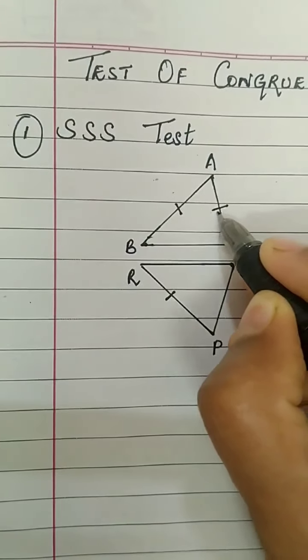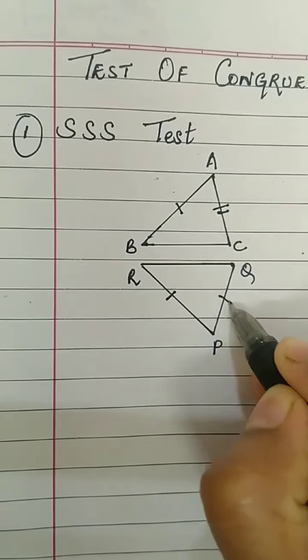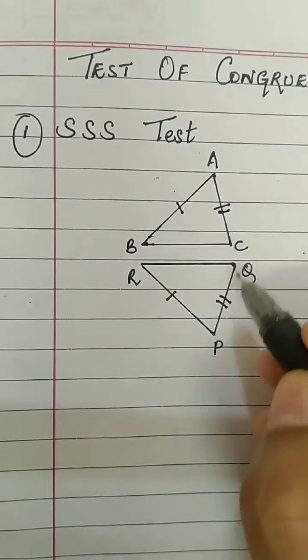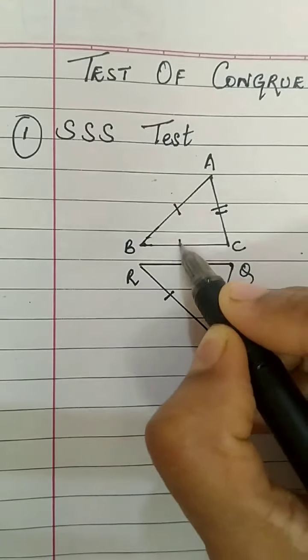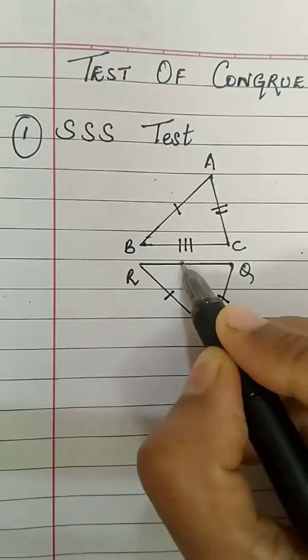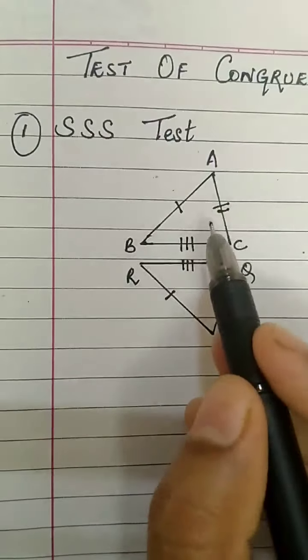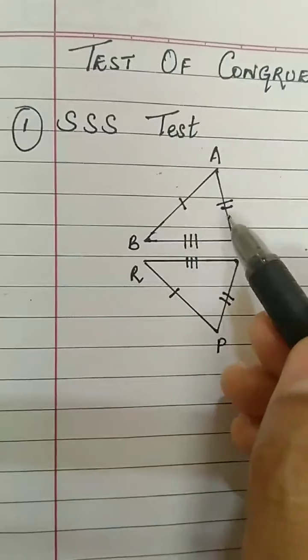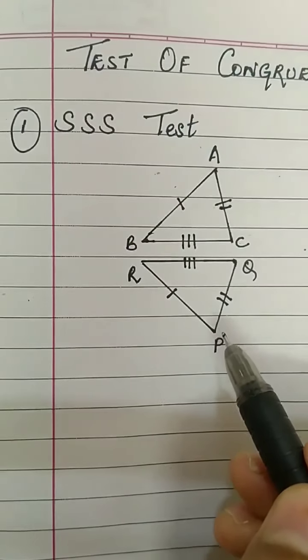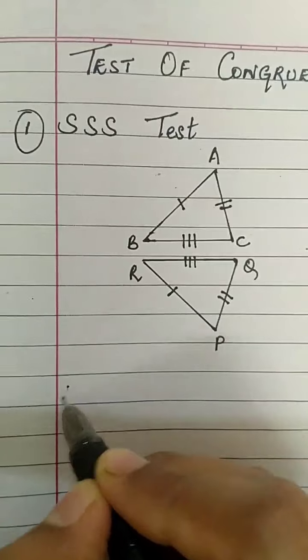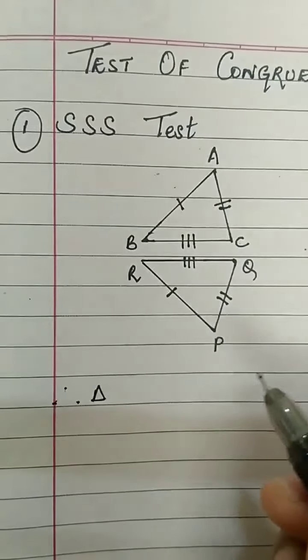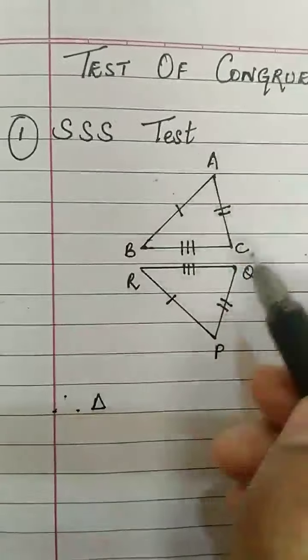Similarly, if I say that side AC is congruent to side PQ, double marked, and side BC congruent to side RQ, if it is given that three sides of a triangle are congruent to corresponding three sides of the second triangle, then I can say that, therefore, triangle. Now, how will you name the triangle?